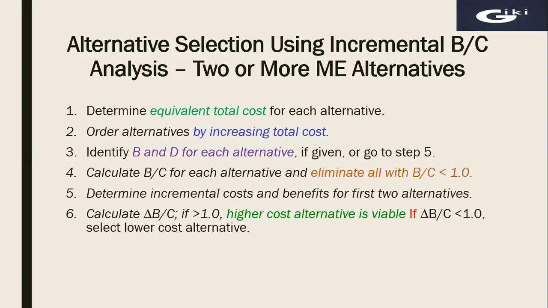If the incremental B over C ratio is less than 1, we'll select the lower cost alternative because the higher cost option is economically unjustified. Then we'll repeat steps 5 and 6 until only one alternative remains. So these are the 7 steps that we need to follow to perform incremental B over C analysis for two or more mutually exclusive alternatives.